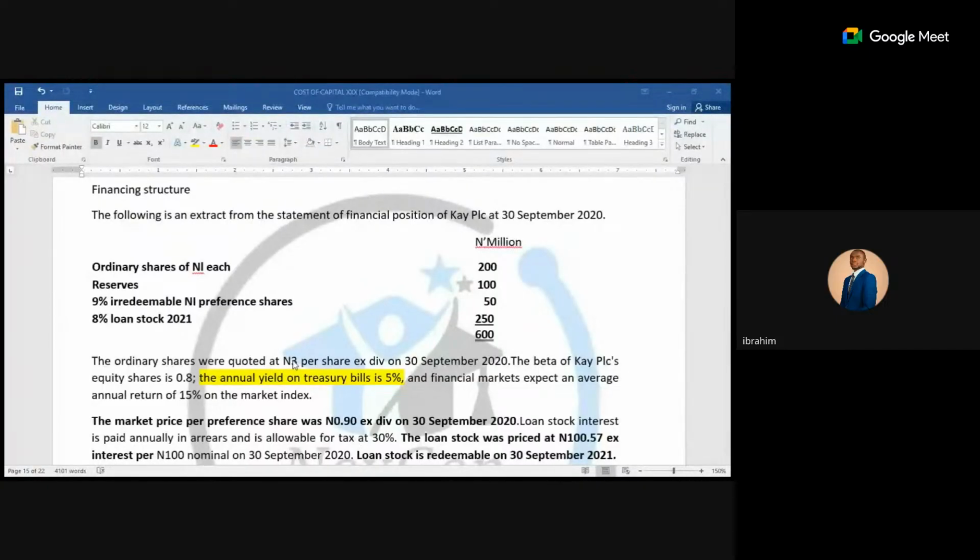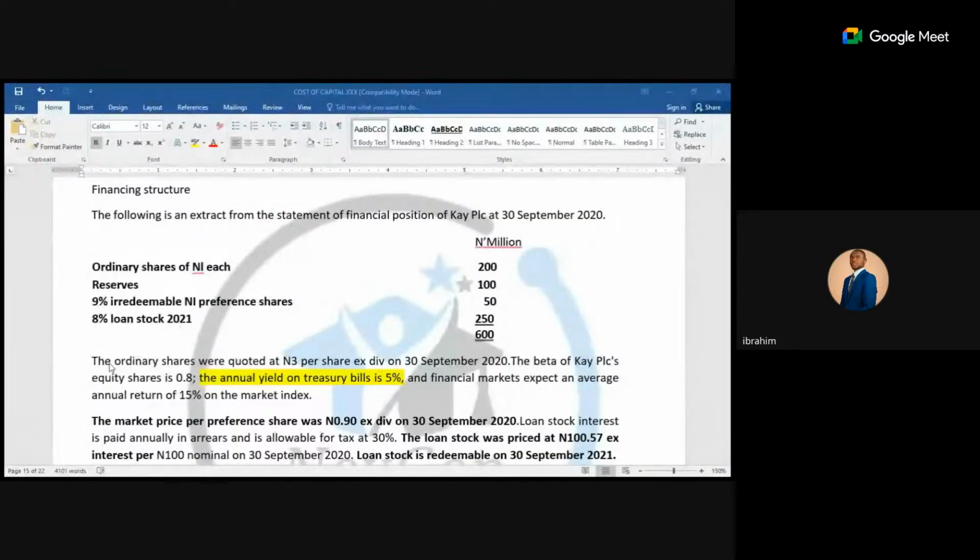So don't forget, first, what is the number of shares? 200 million divided by 1 naira, the nominal value. The nominal value could be maybe 50 kobo, 60 kobo, but now it is 1 naira. That is 200 million naira divided by 1 naira, which is 200 million shares.